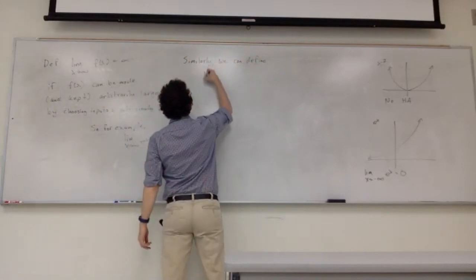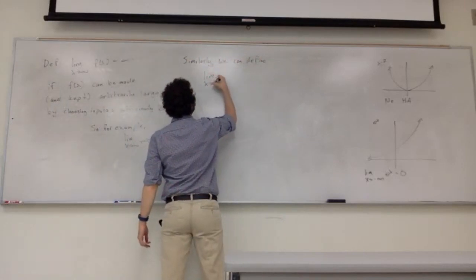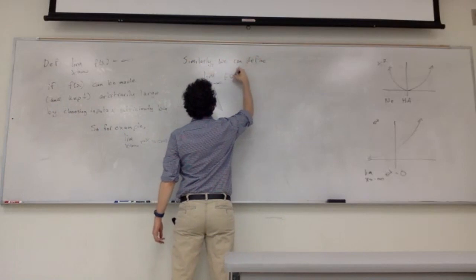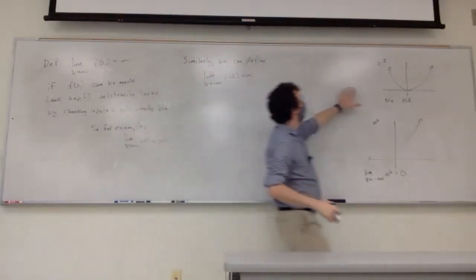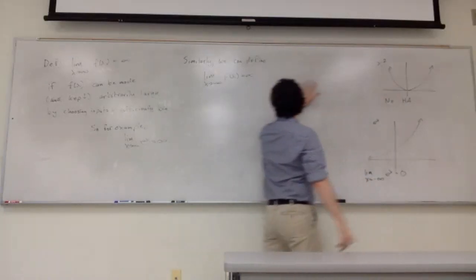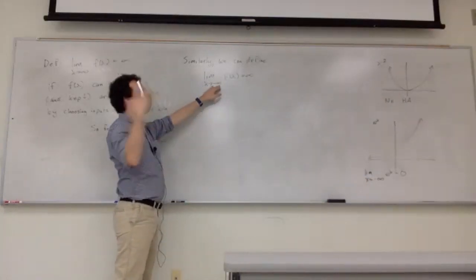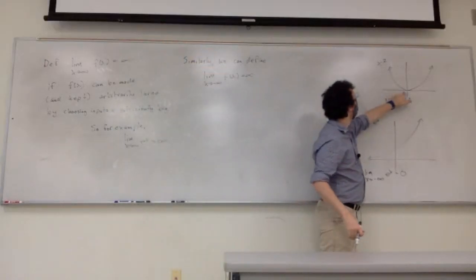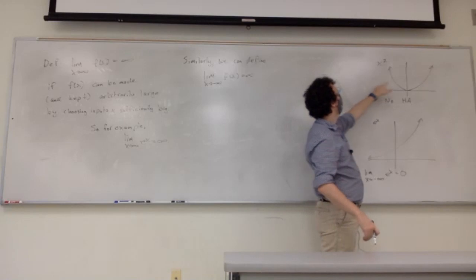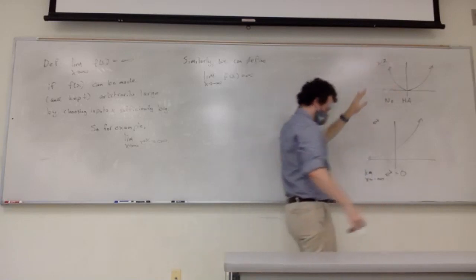So we can have something like the limit as x goes to minus infinity of f of x equals infinity. This is what's happening over here to the left. This is saying as you go further and further left, you get bigger and bigger. And that's what's happening here. As you're heading out this direction, the left half of the parabola keeps going up.